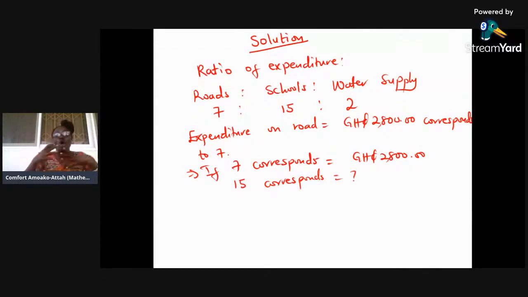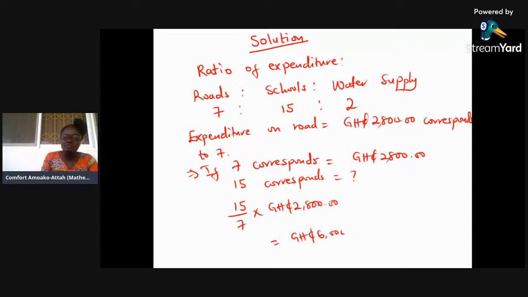Is it going to give us more or less? So if 7 is giving us 2,800 Ghana cedis, then 15 will give us more. Okay, so if more, what will happen? Less will divide. So we are going to get 15 over 7 times our 2,800 Ghana cedis. Simplifying this, we are going to get 6,000 Ghana cedis.